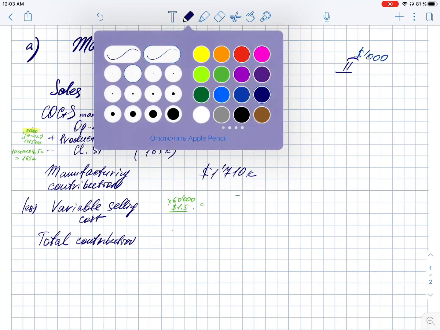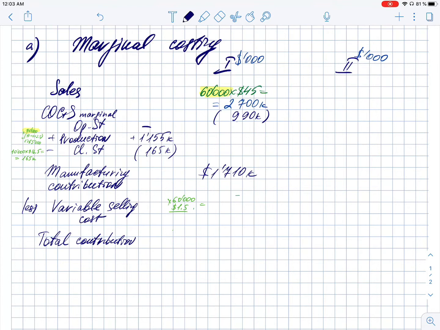Eventually, it gives us $90,000 of selling variable costs. And if we deduct that amount out of the manufacturing contribution, we receive total contribution per quarter.